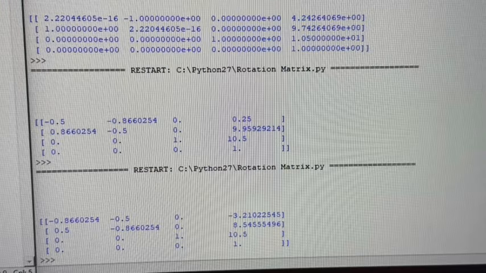The matrix for that 75-degree angle is at the very bottom, and the displacement on the X and Y planes comes up to negative 3.21 by 8.54, where mine came up to about 0.20 by 9.60, which is very close to the displacement of the 60-degree angle that was demonstrated in the video.